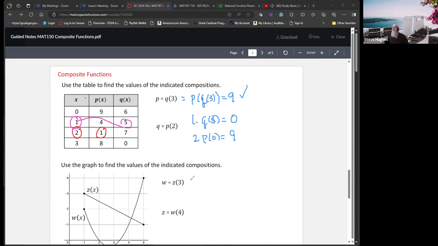All right, this is W of Z of 3 equals what? So first of all, what is Z of 3? That's step 1. What is Z of 3?